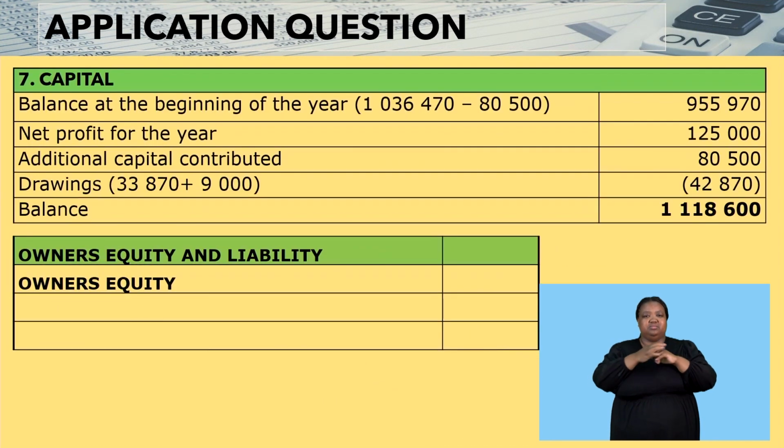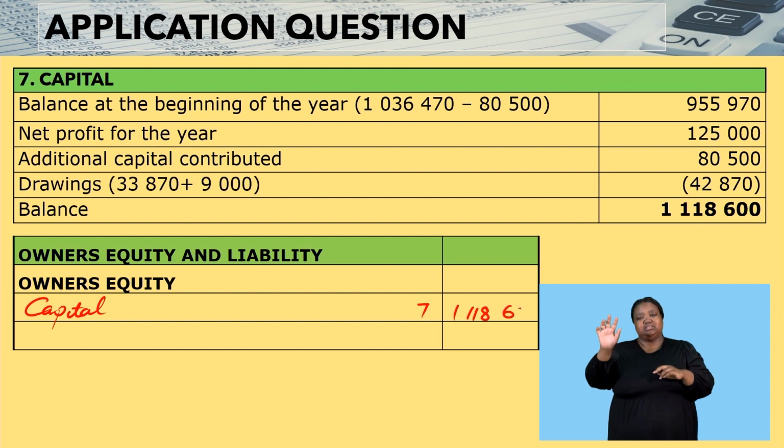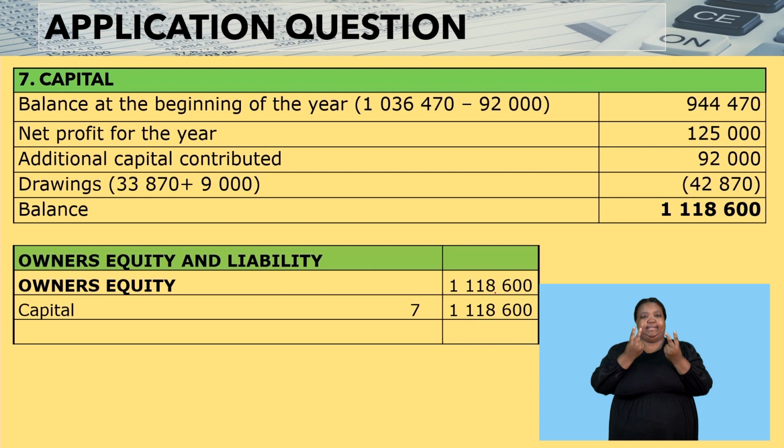Then I will bring that to my statement of financial position, owner's equity. Remember, I will then come here and say capital, note 7, 1,118,600. So my owner's equity therefore becomes 1,118,600. Once I am done with that, there you can see it.